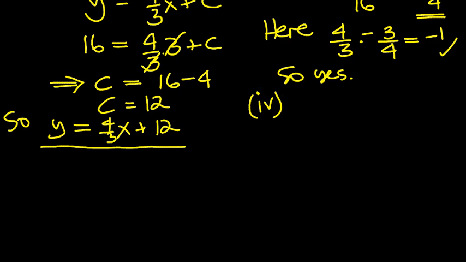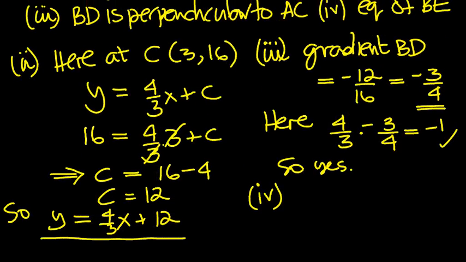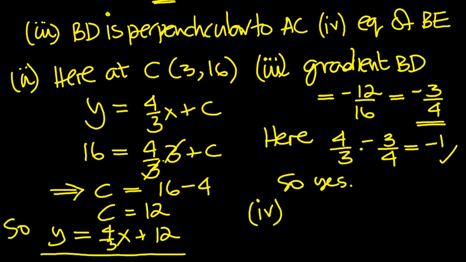Put it in here. So now what do we need to show in part 4? We need the equation of BE. I've written it down wrong, I've just checked, and it's the equation of BD. Okay, so we've got our gradient of BD.